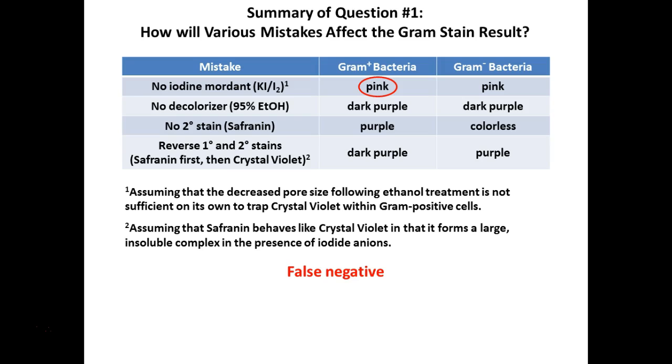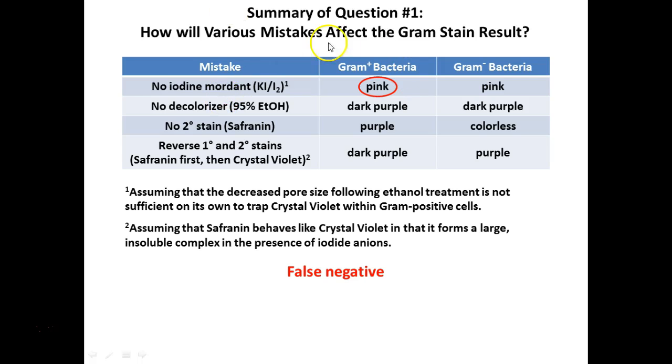So, we used these terms way back in the first lab, right? False negative. Gram-positives are supposed to be what color? Purple. So if they come out pink, which is a negative result, and this is your control slide that you knew was supposed to come out positive, this is a what? False negative result. Because you're seeing negative, but it's supposed to be positive.